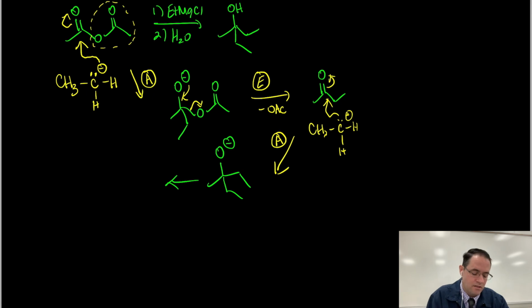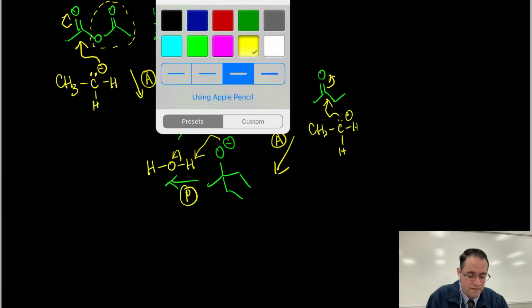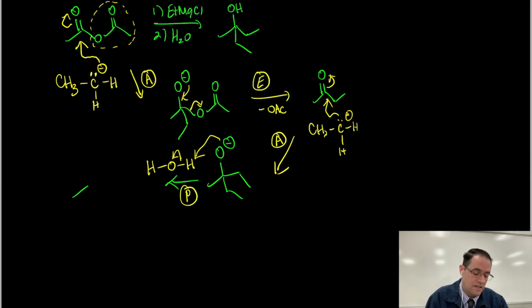And the molecule kind of just sits there for a while until we decide to add water to the reaction mixture. And so the alkoxide becomes protonated in that step, okay? And that gives us the final molecule.